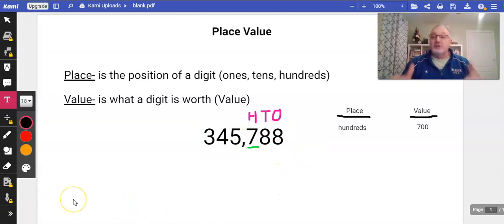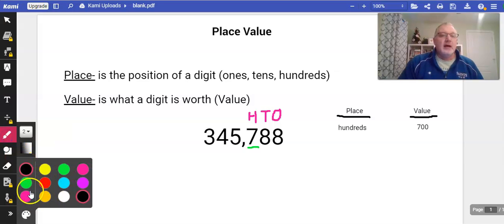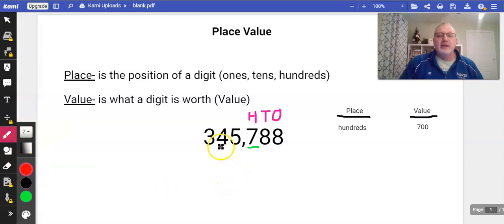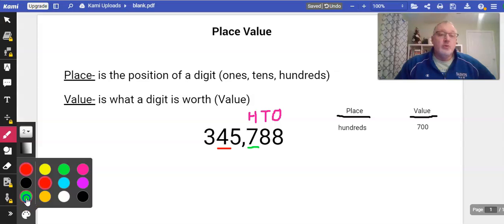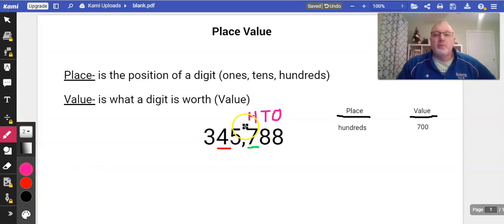Now let's try a different digit and see if we can do another one. Let's do red, and let's do this 4, because this tends to be one that kids struggle with. Again, we aren't necessarily sure what our places are. So we have ones, tens, hundreds, and I'm going to put a TH here to make that 1,000.